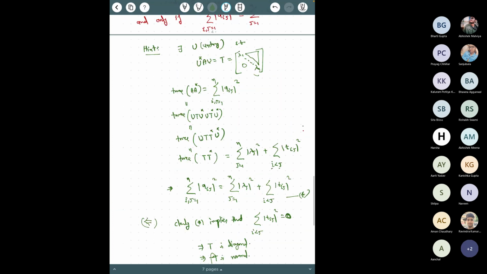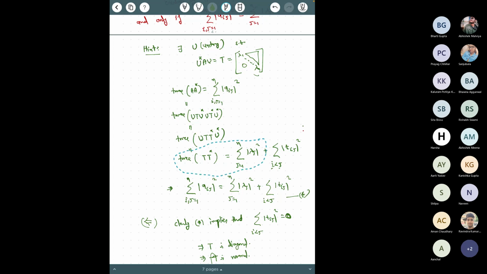Suppose this T is diagonal. Then clearly the right hand side is this one, but this is equal to trace of A star, and equivalently the trace of DD star, but D is a diagonal matrix, so this part is not there. So what we are left with is this thing.